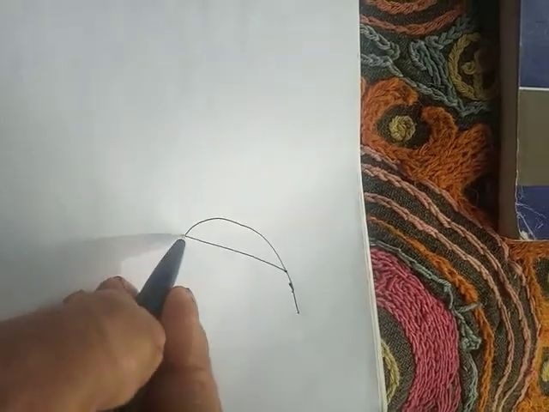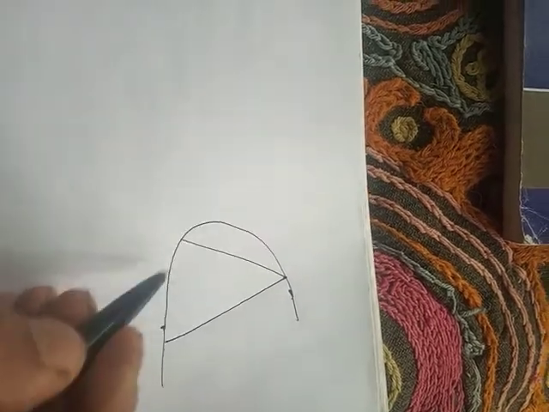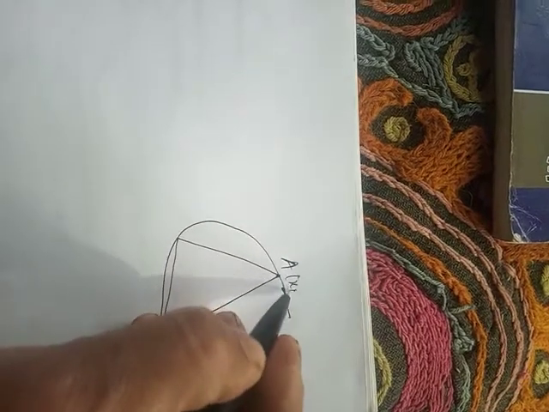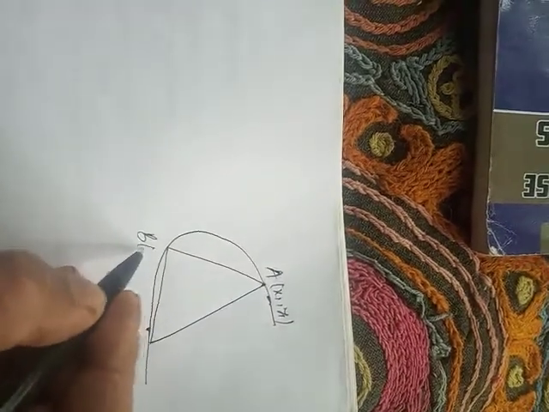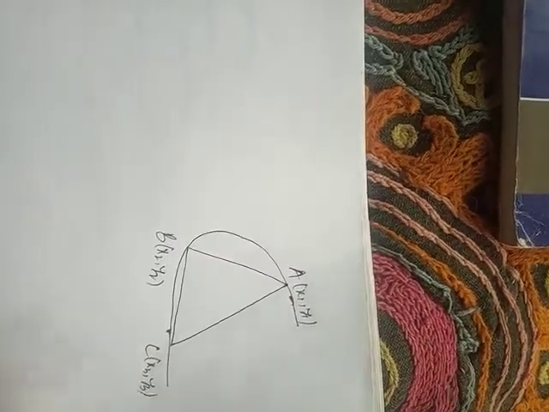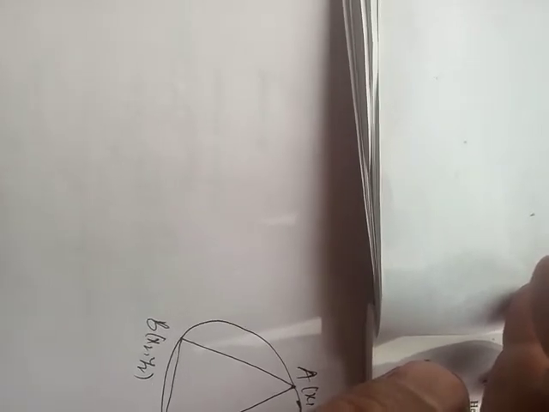Find the area of the triangle which is inscribed. Let these be A (x1, y1), B (x2, y2), and C (x3, y3).